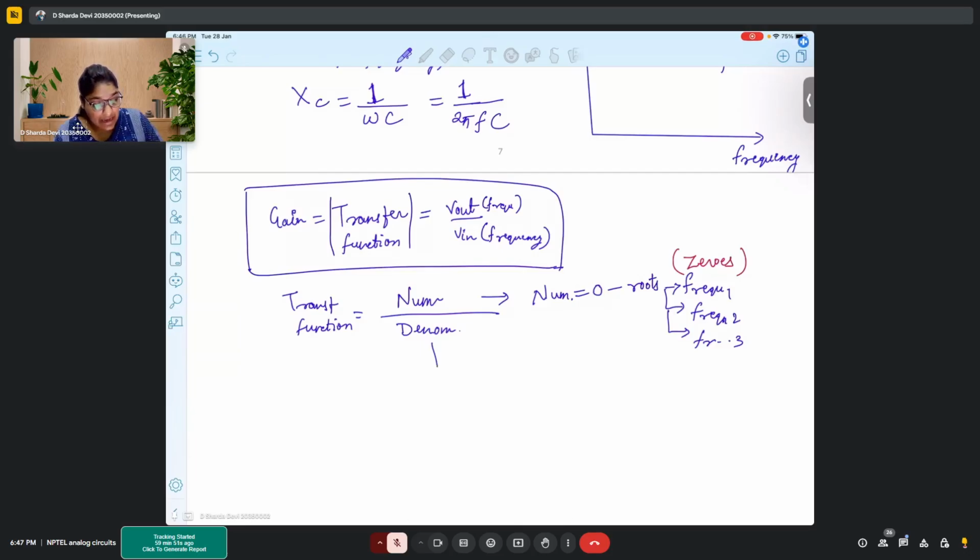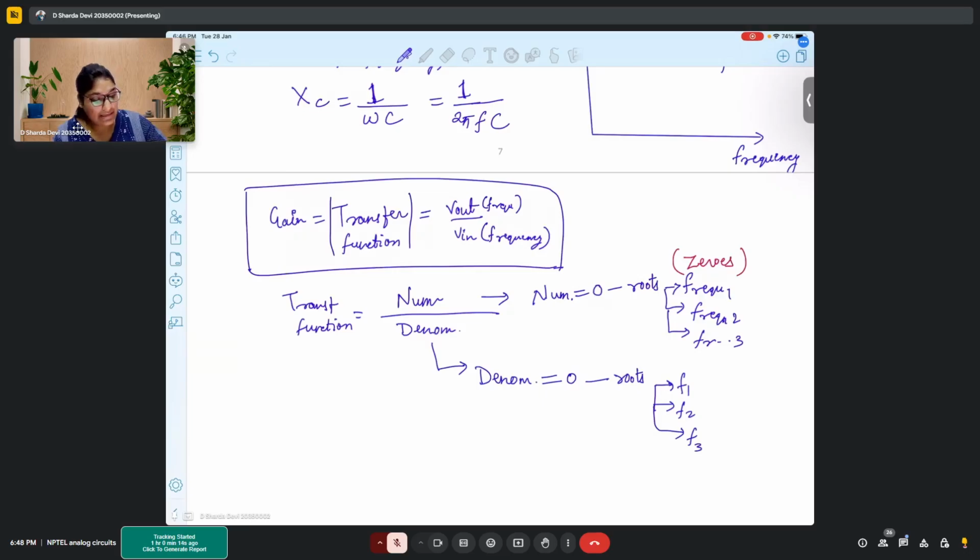Now, in a similar fashion, when you put your denominator expression to 0, the roots that you will find are again frequencies, right? Because this is also a function of frequency.